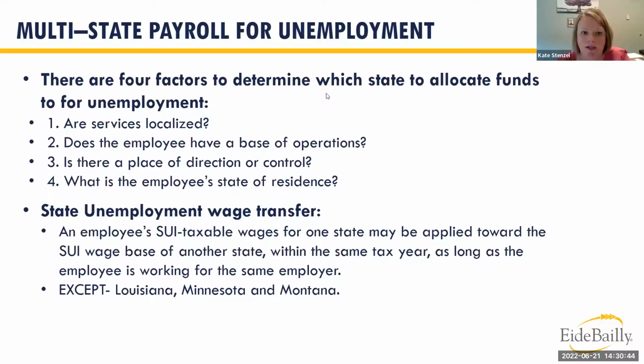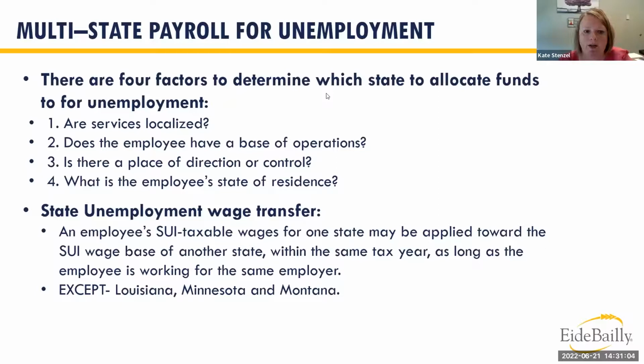If you have no localization and no base of operations, then we look for the place where the employee would receive directions or control for the services. And if none of those 3 apply, then we look at what state the employee is a resident of, and that's where you would report the unemployment.